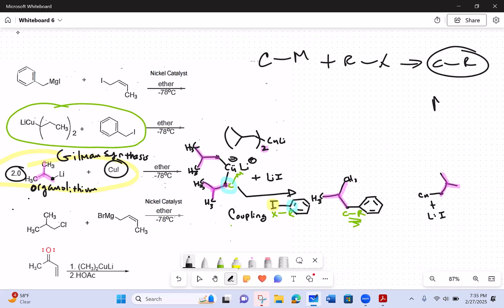If you're using a Grignard, it's easy to see MX, but with the Gilman, it's not so straightforward, because with the halide there's really no metal-halogen attraction other than the lithium part. But the CR part is ubiquitous. You can use that for any coupling reaction.